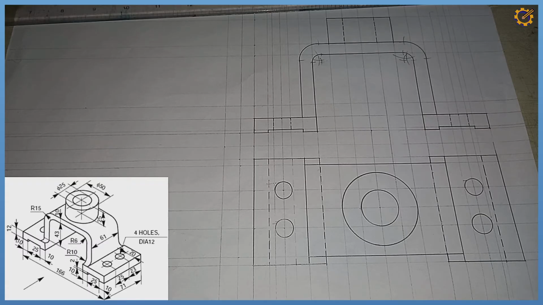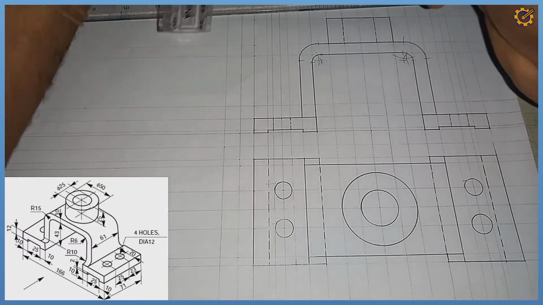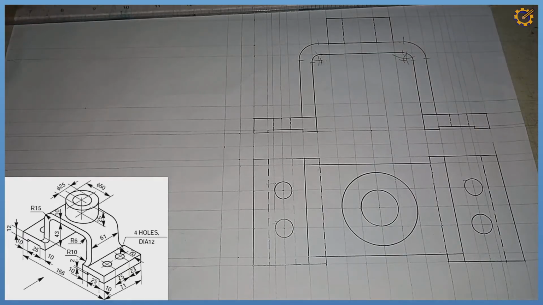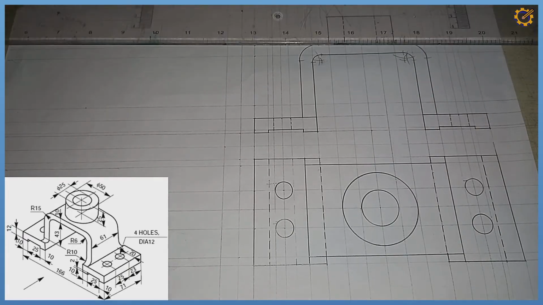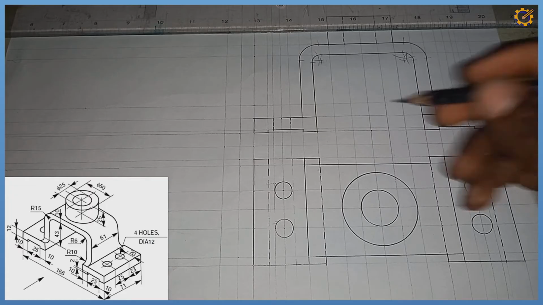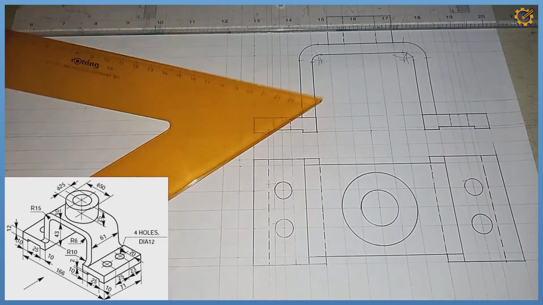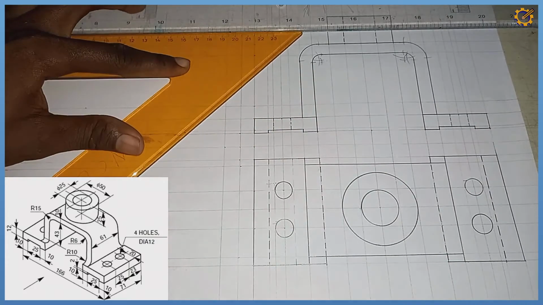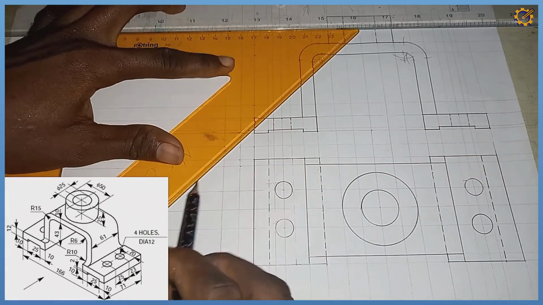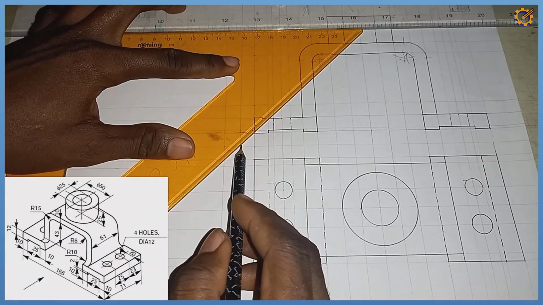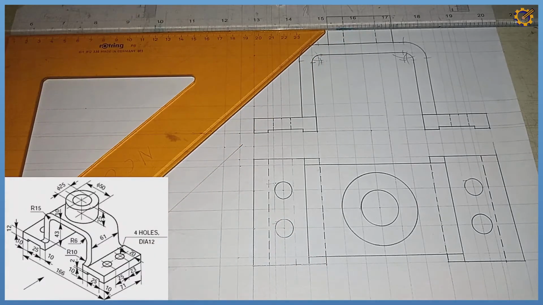Right now we need to project the end view, and for us to get the end view, the very first thing we are going to do is project this line at an angle of 45 degrees. So this to this, from this midpoint at an angle of 45 degrees. Having it right here, I draw, as you can see.